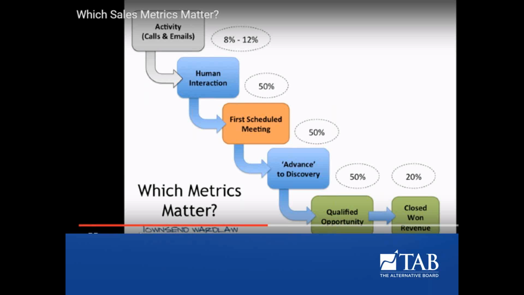Of those, 50% will allow us to schedule a meeting. Of those people who schedule a meeting, 50% will move to what we call an advanced discovery meeting. 50% will then become qualified to make a decision to do business with us or not.